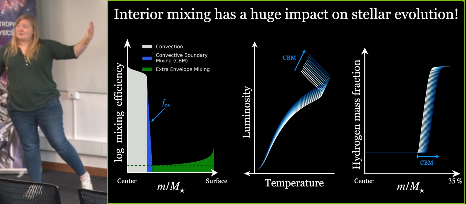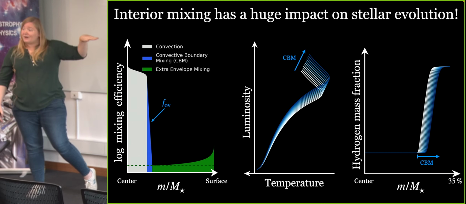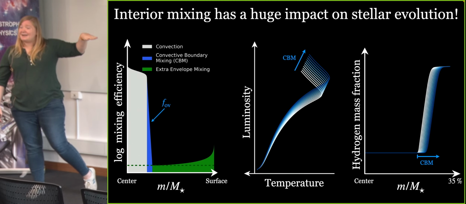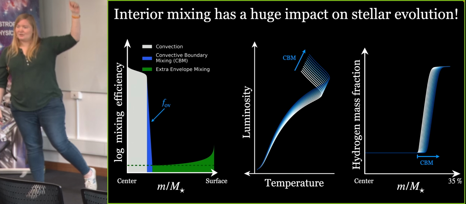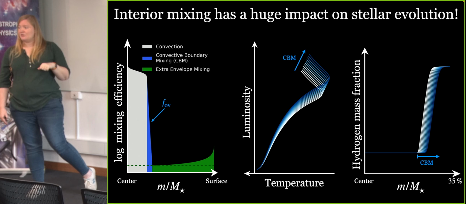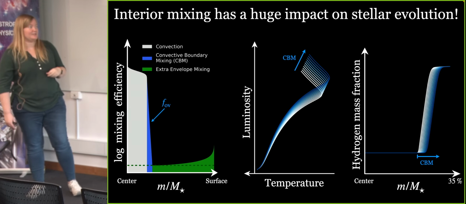On the right, you see the inner hydrogen mass fraction profile of the inner 30% of the star, where the bottom part is because of the high mixing in the convective core, and you see the gradient as it turns to the initial hydrogen it had at the start of the main sequence evolution.